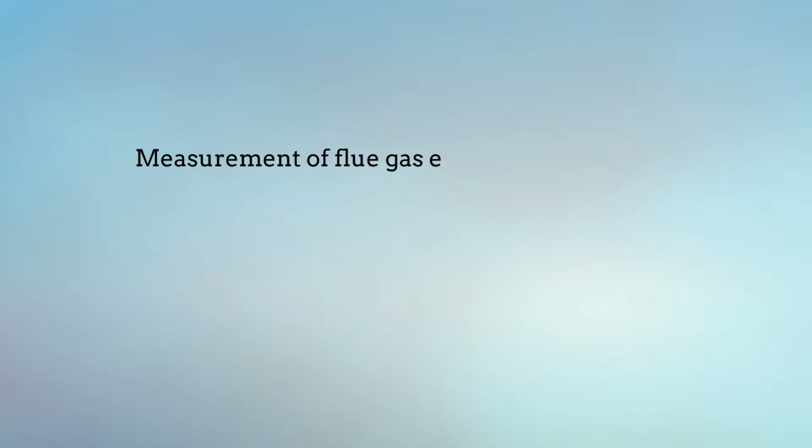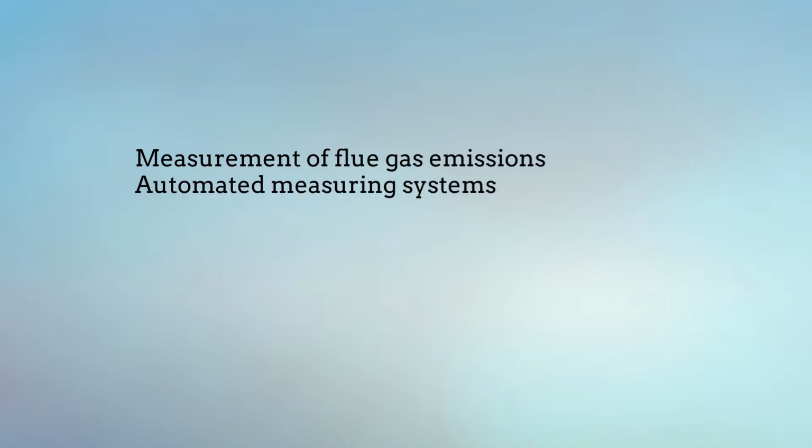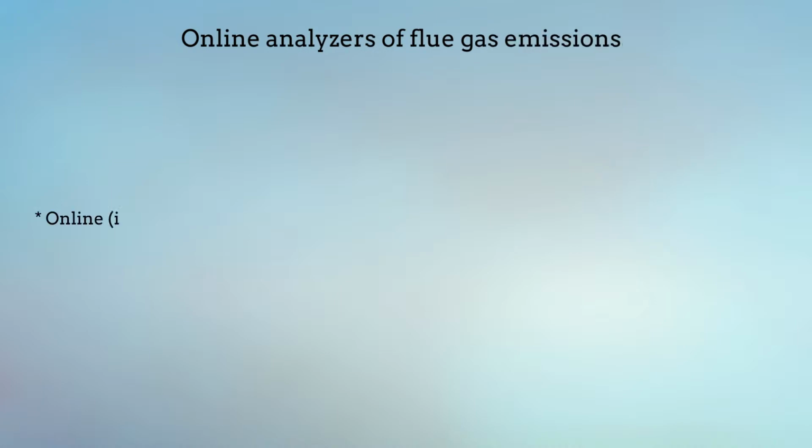Anyway, we like to know which emissions are coming out and how much emissions we are getting in the flue gases. Online, in situ analyzers measure continuously directly in stacks.